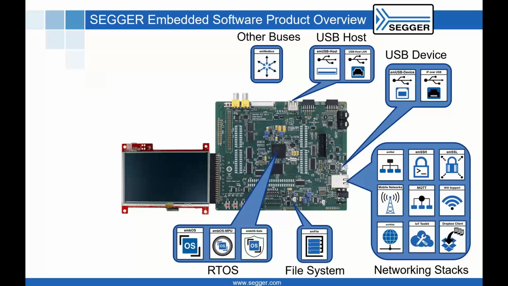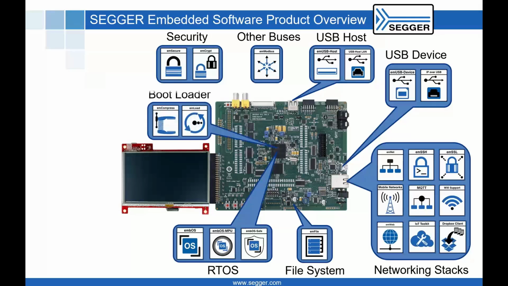There's other bus systems like Modbus that we support. Obviously, security is a big topic these days. So we have emSecure, that's our digital signature suite, and we have emCrypt, that's our crypto library. We also have our own secure bootloader called emLoad, and compression software called emCompress.